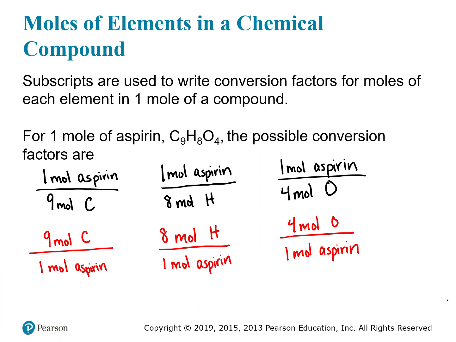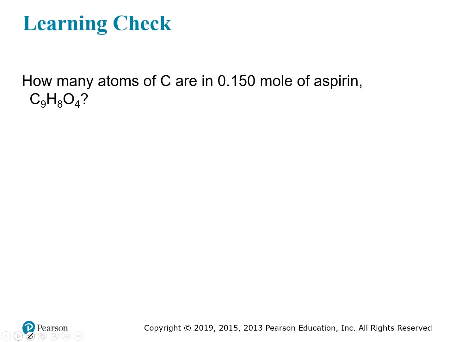These conversion factors can help us do calculations to figure out how many atoms of carbon, let's say, are in a certain amount of aspirin. Like this question. How many atoms of carbon are in 0.150 moles of aspirin?